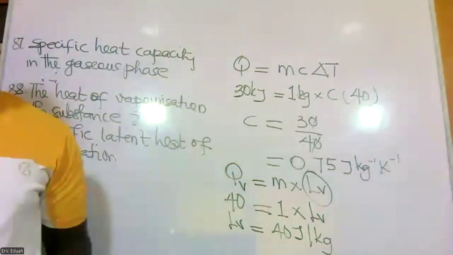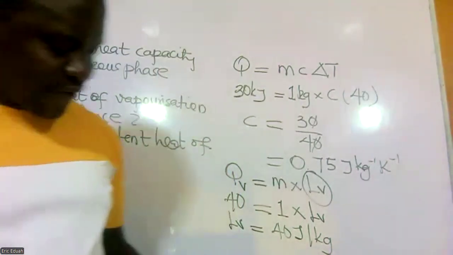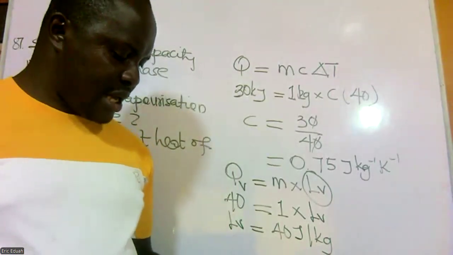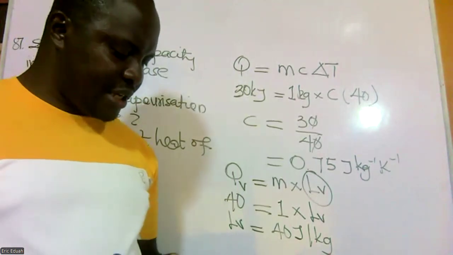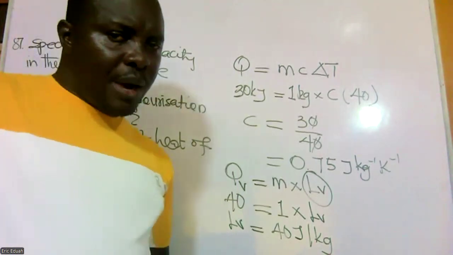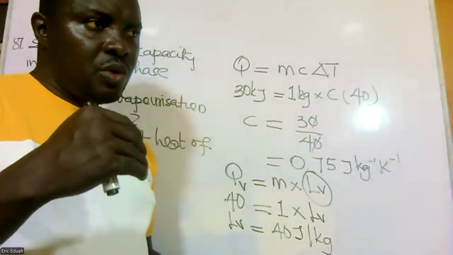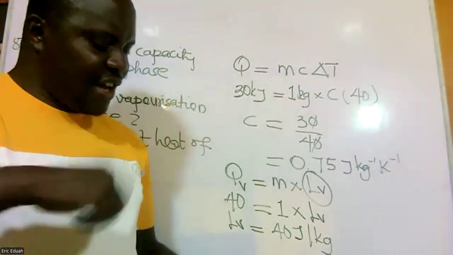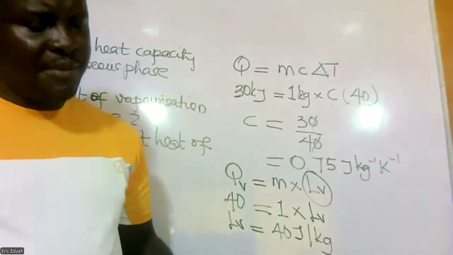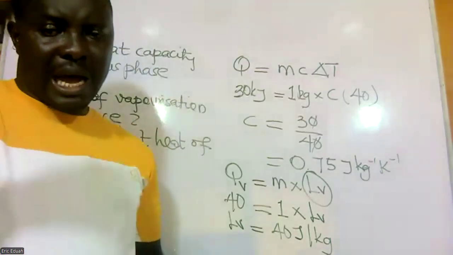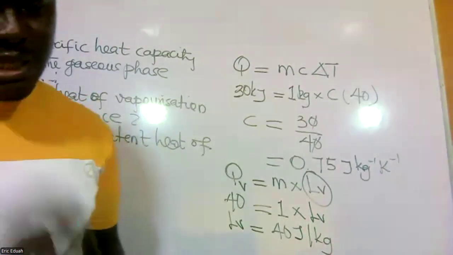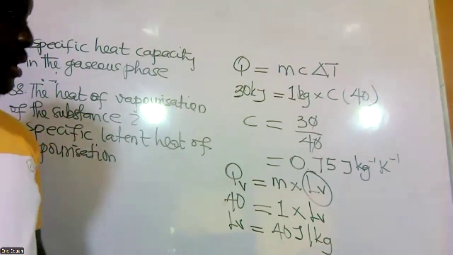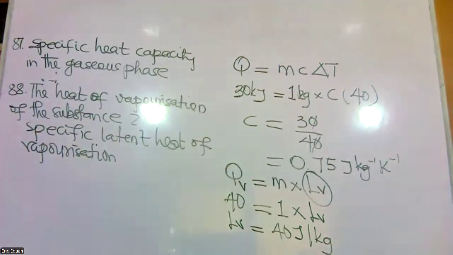So you are comparing the specific heat capacity of the substance in the liquid phase and then the solid phase. Will the specific heat capacity in the solid state be greater than the liquid phase, be less than, or be the same? Work it out and then I'll get back to you.